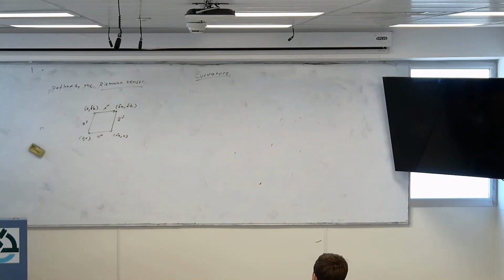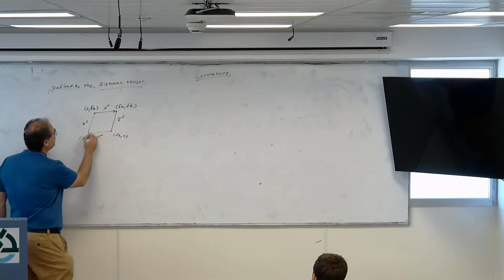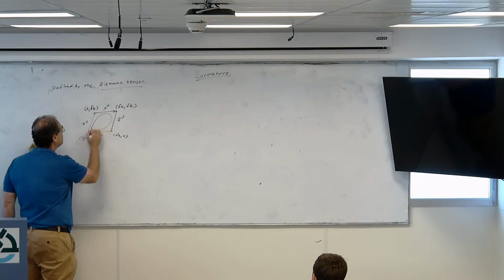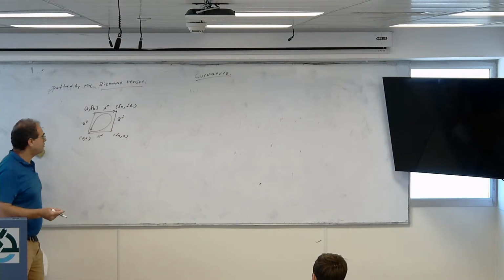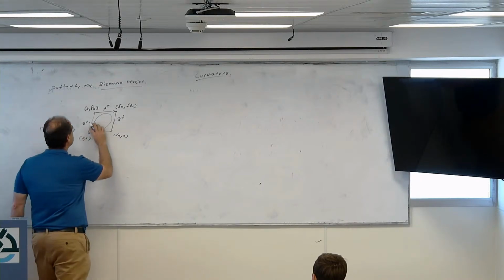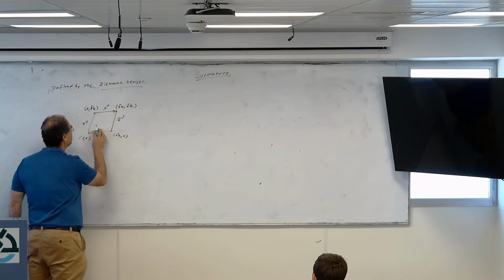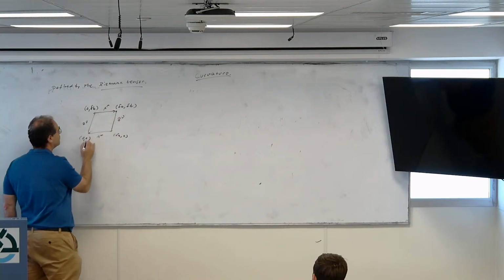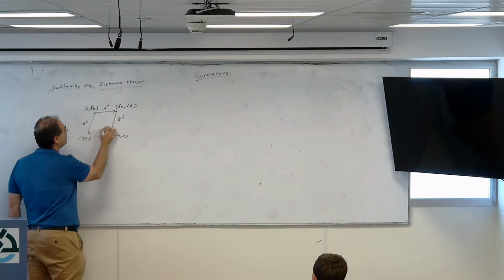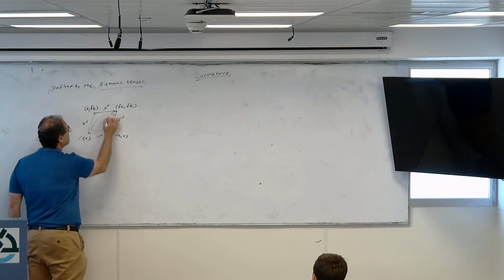Now, in principle, I can do two things, which are equivalent. I can take a vector starting here and going along this full circle, and see how much it changed. Or what I'm going to do, which is easier, is take my vector and go from 0, 0 to delta A, delta B along two paths. One is this path and the second is this path.